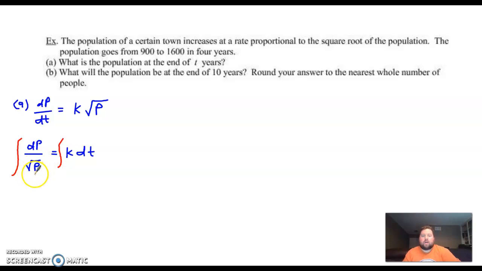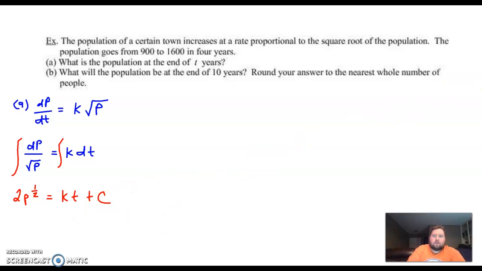We have p to the negative 1/2 power because it's in the denominator. So no natural log, we just use the power rule here. If we add 1 to negative 1/2, we get p to the positive 1/2. And then we divide by 1/2, which is the same thing as multiplying by 2. Over here, we just get kt, and then don't forget your constant of integration.